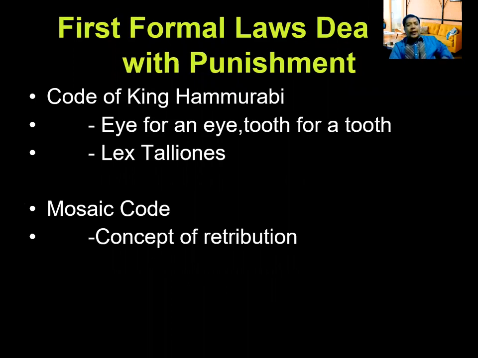So under the Code of King Hammurabi, they tried to come up with the idea of retaining the so-called lex talionis, but with a certain degree of parameter.